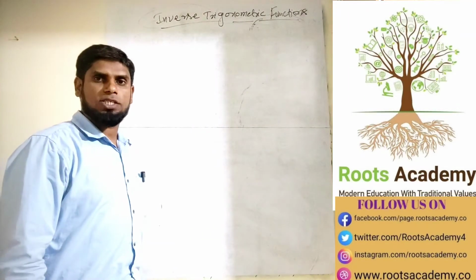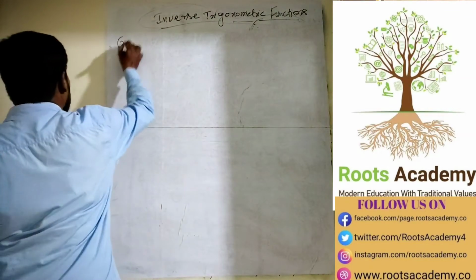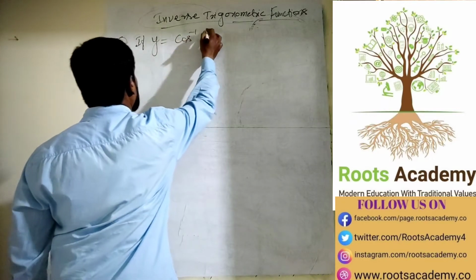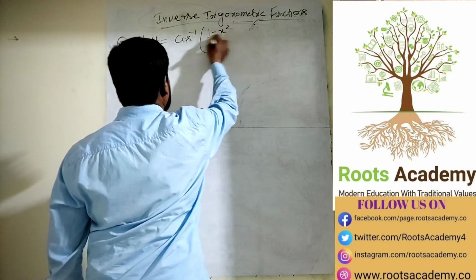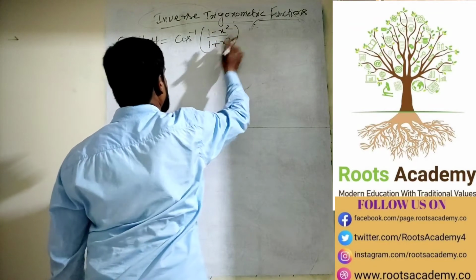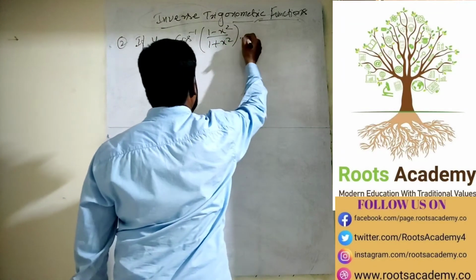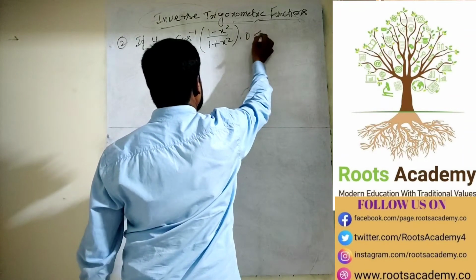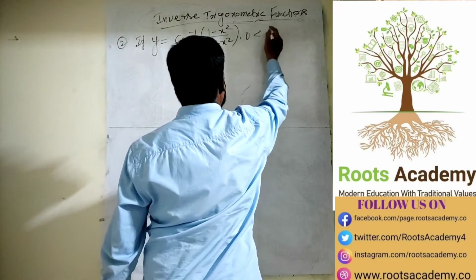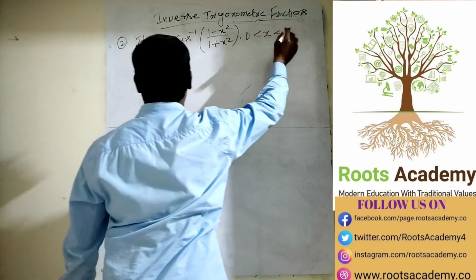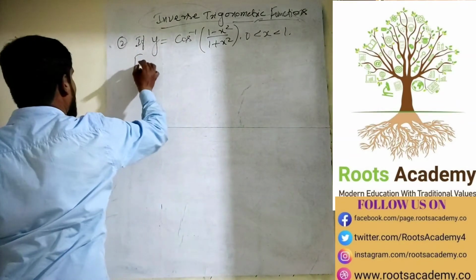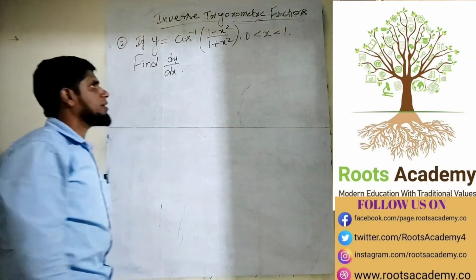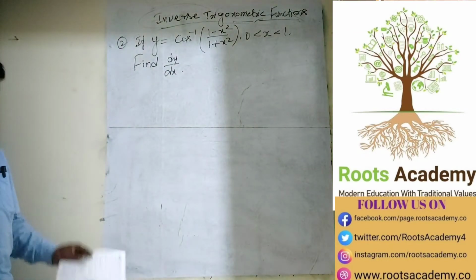Okay, students, now let us go to the next problem. If y equals cos inverse of (1 minus x square) divided by (1 plus x square), where x lies between 0 and 1, find dy by dx.